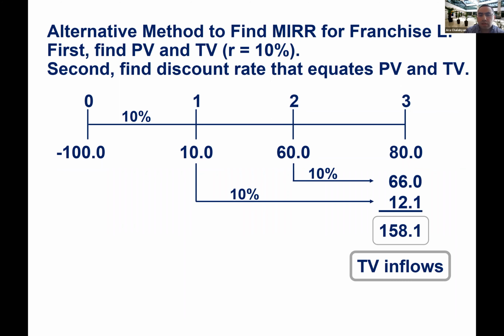So the terminal value of 80, which is itself, and then 60, which comes to 66 at 10% compounding, then 12 for this 10, terminal value is 158, and present value is 100. Again, if we had any minus number, let's say if this was a minus, then we would bring it to present value rather than take it to future value.